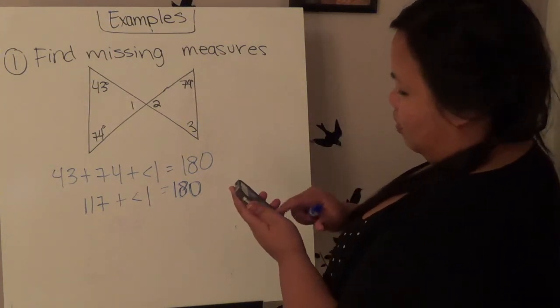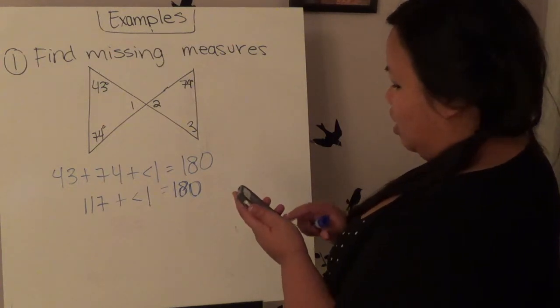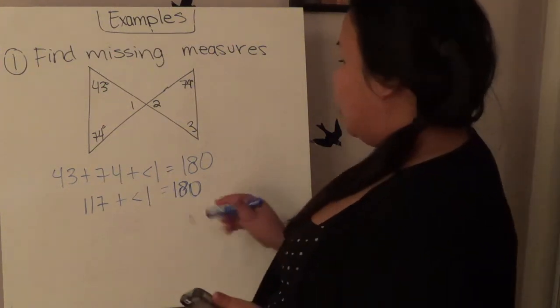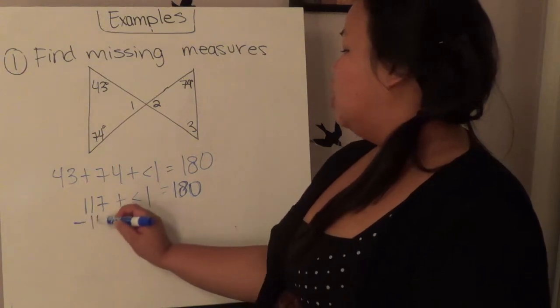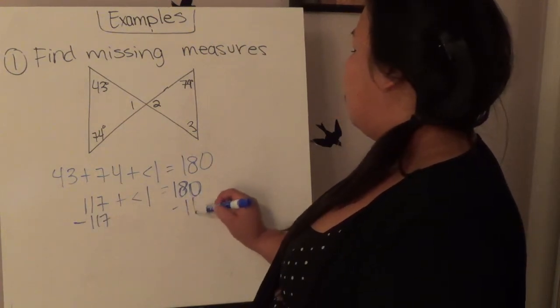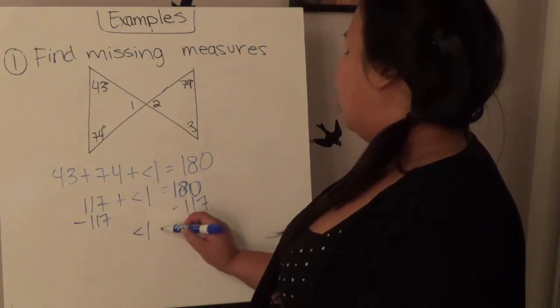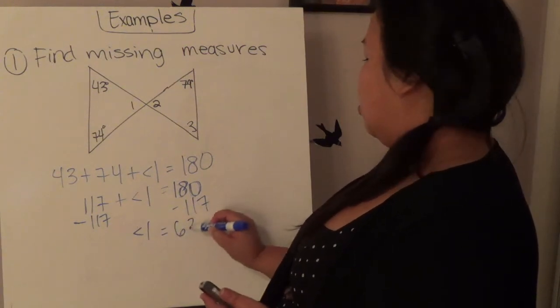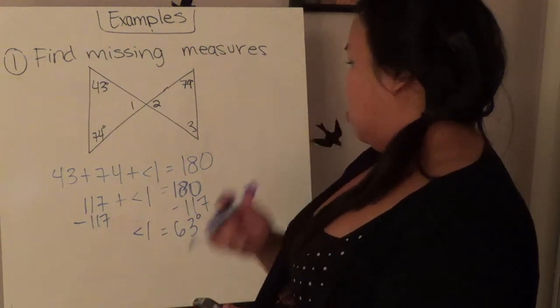Okay, and then what do we do here? We're going to subtract 117 from both sides. We end up with angle 1 equals 63 degrees.